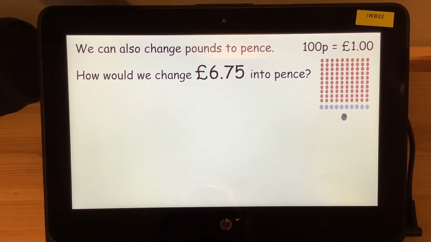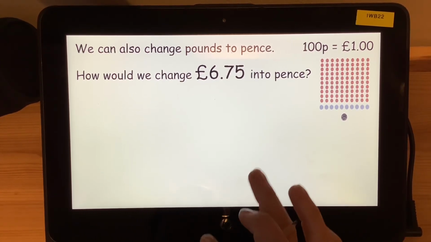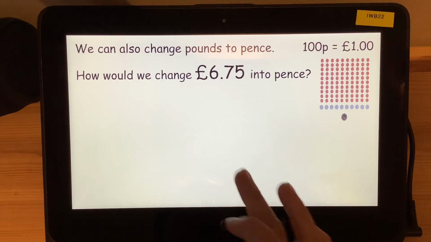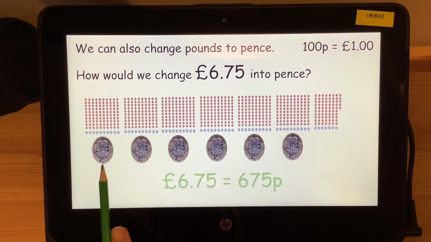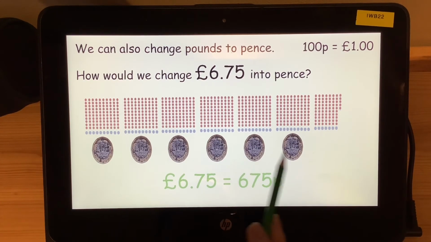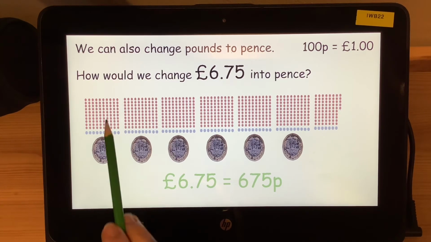Okay, what about if you were to change £6 and 75 pence into pence? Have a go. So you would have 1, 2, 3, 4, 5, 6 whole pounds, each worth 100 pence.